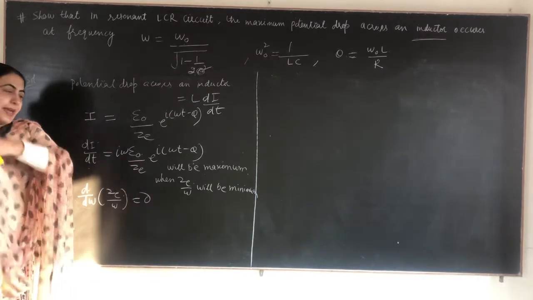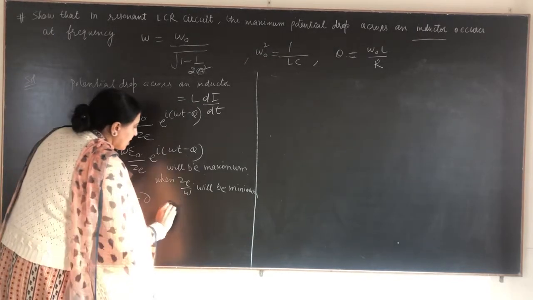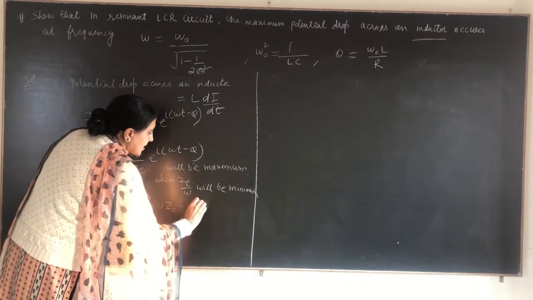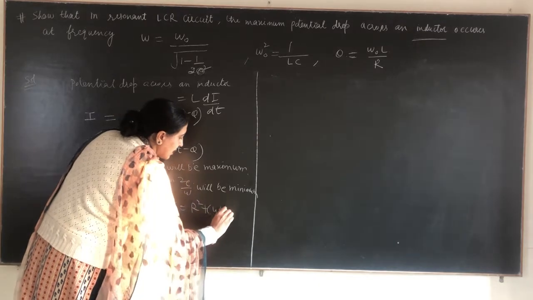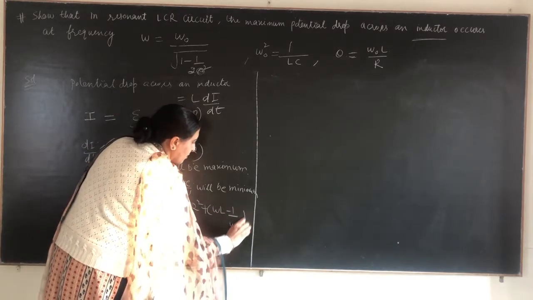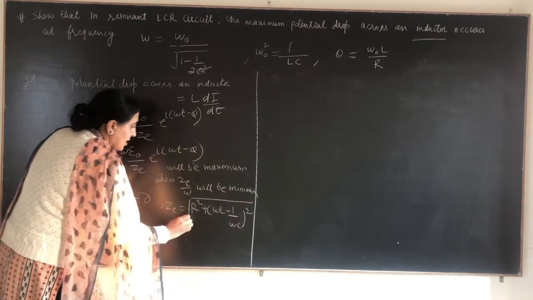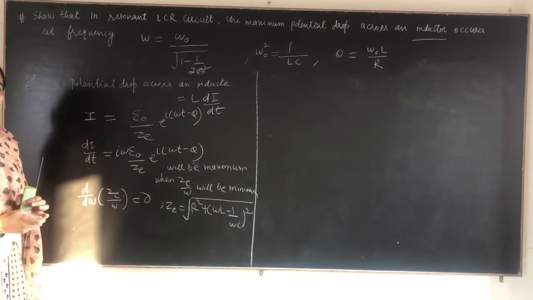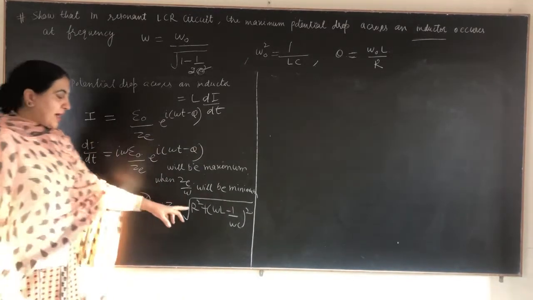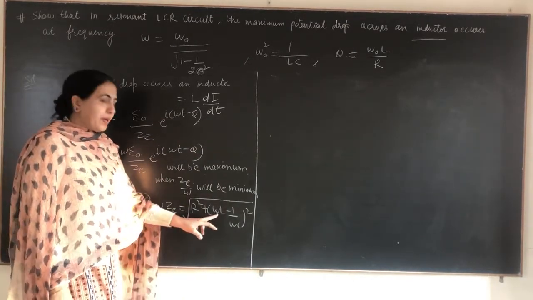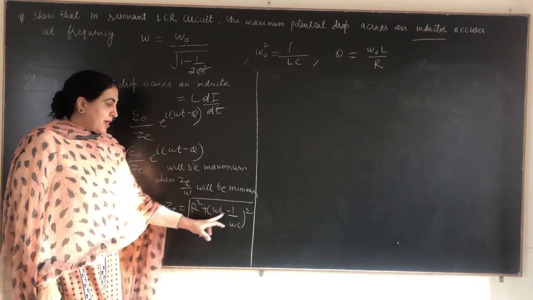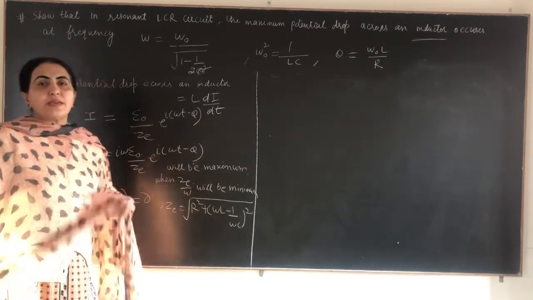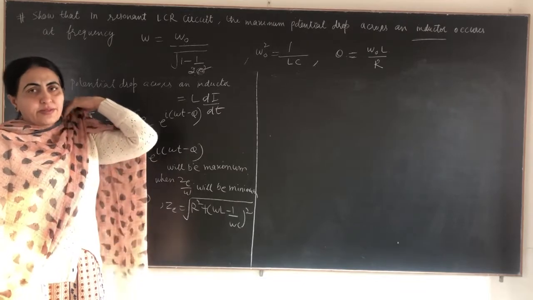And what is Z? Z is equal to the square root of R squared plus (omega L minus 1 over omega C) squared, where R is the resistance, omega L is the inductive reactance, and 1 over omega C is the capacitive reactance.